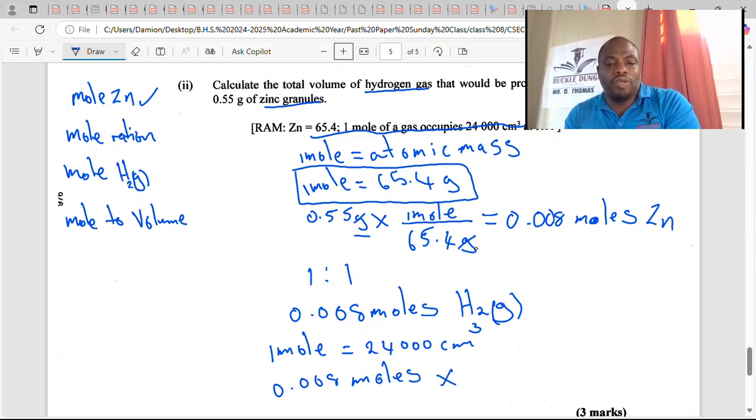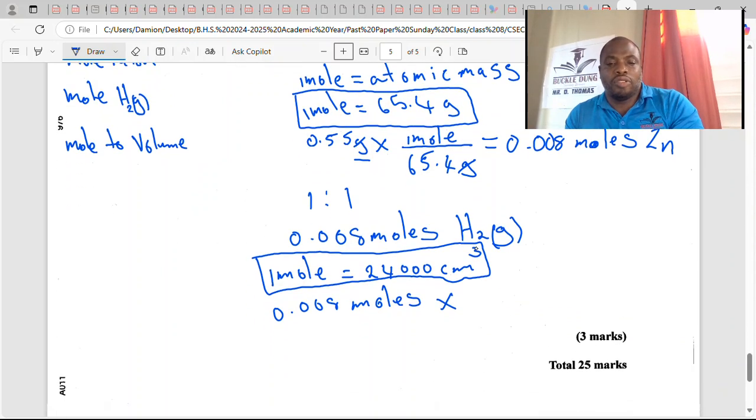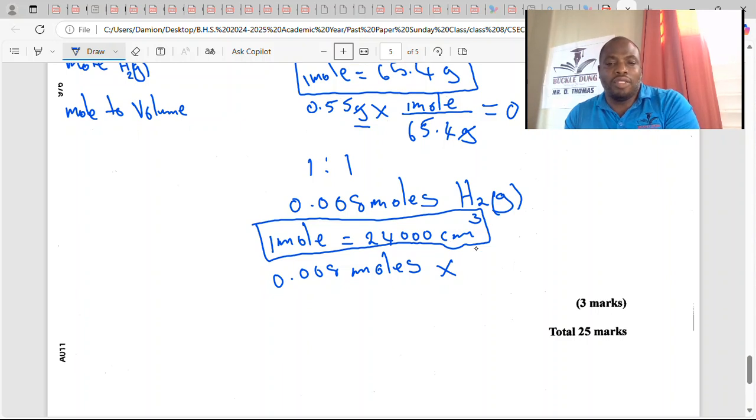So again, if you notice, once I get to my conversion, school is over for me because I know exactly what I'm going to be doing. So I write down what I was given, and basically this is what I'm coming down from that calculation. So each time my given is changed, so it's now 0.008 moles. And I'm formulating a fraction.